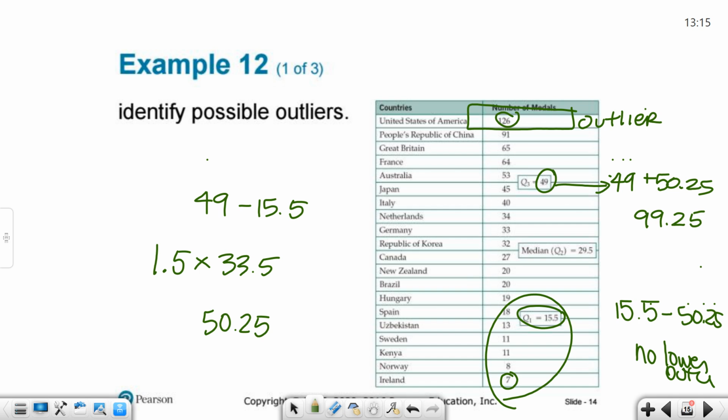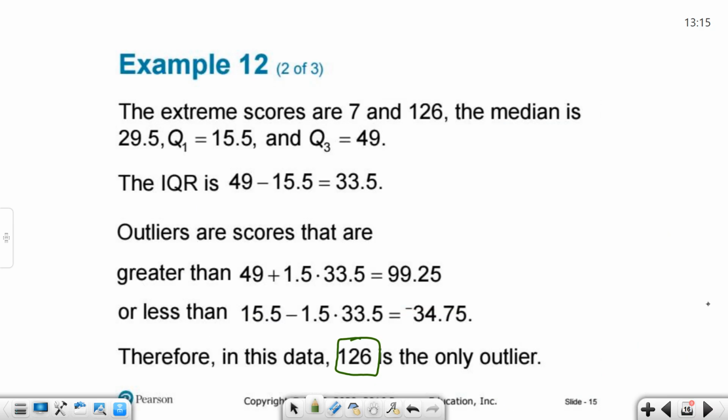It's not as low as it looks. So the actual definition of outlier is something that's more than 1.5 times the interquartile range above or below those upper and lower quartiles. I'm not going to be that tricky, but that's how technically you would work it.